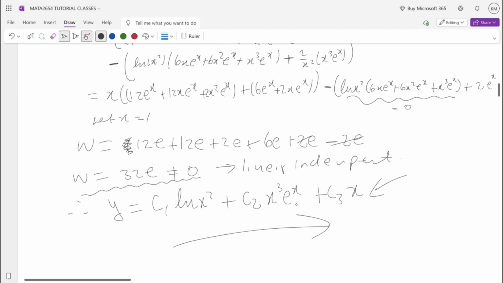So far, we understand the idea of the Wronskian determinant, linear independence, linear dependence, and how to answer a question on general solution.